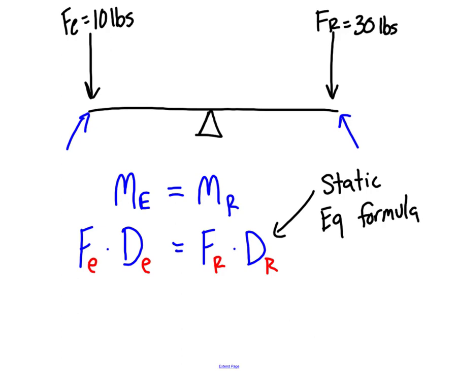What static equilibrium does is it sets this thing, this first class lever in this case, into static equilibrium. This is the formula you are probably going to use 95% of the time in this class for simple machines. This is like your go-to formula.